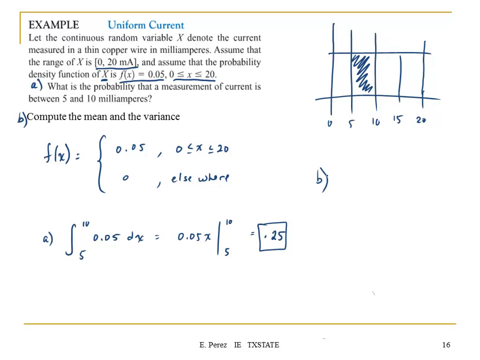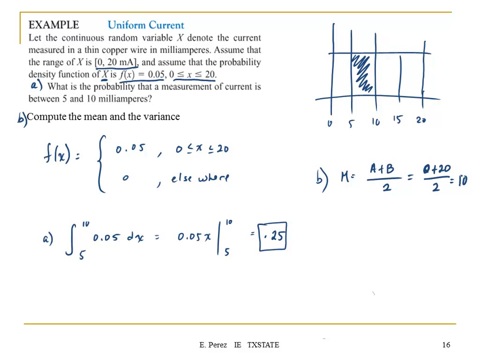Compute the mean and the variance. So the mean, again, equals a plus b divided by 2. In this case, a is 0, b is 20, divided by 2, this is 10. And again, if you look at the distribution, this is constant, so the mean has to be in the middle, halfway through, right?